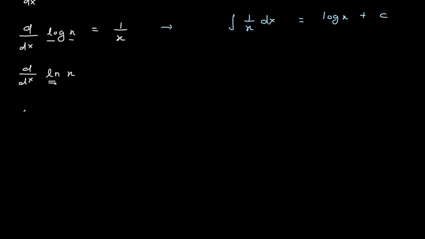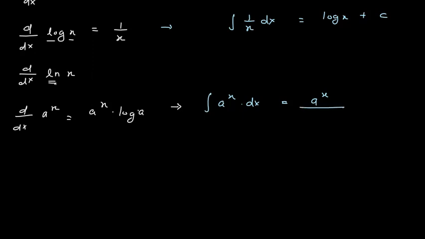Third, you know that the derivative of a power x is a power x into log a. Similarly, the integration of a power x will be a power x, but since we multiplied by log a, here we divide by log a. So a power x upon log a plus c.